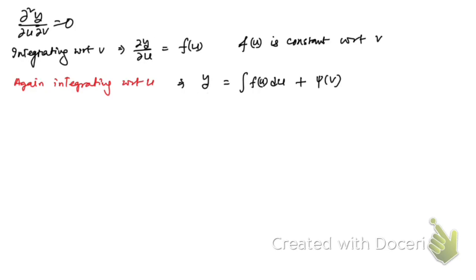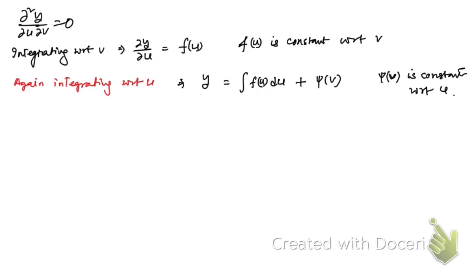y, and integrating right hand side, integration of f of u with respect to u, then we must get a constant with respect to v. That means this is a function of v, it is a constant with respect to u. Okay, psi of v is constant with respect to u, right?